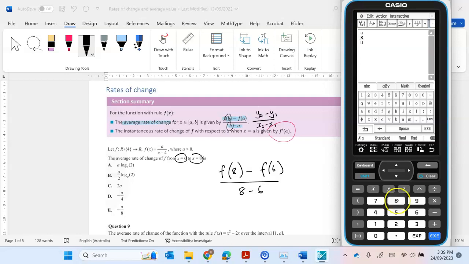For the first one, it's going to be 8 minus 4, and then minus the same thing. Make sure you've got your cursor in the right spot. I'll highlight that, and then we're going to put the 6 there, and then 8 minus 6 on our bottom.